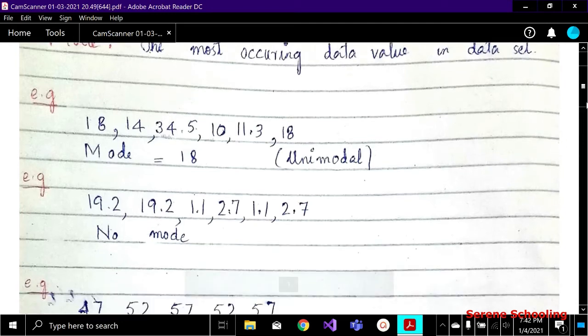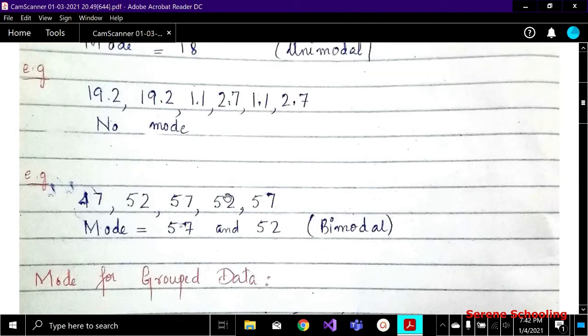Another case that you can see is this one. Here 52 is repeating two times, and 57 is also repeating two times, right? So there are two values, 52 and 57, that are repeating the most, two times as compared to the rest of the values, which is 47 only.